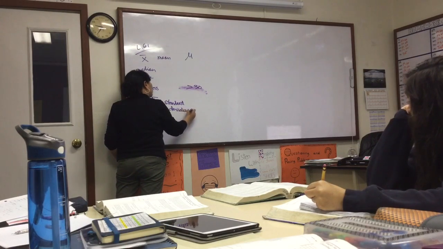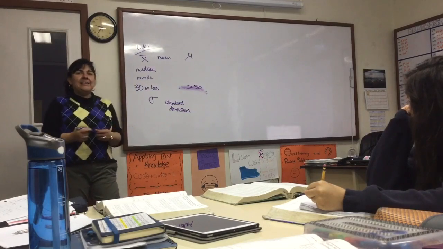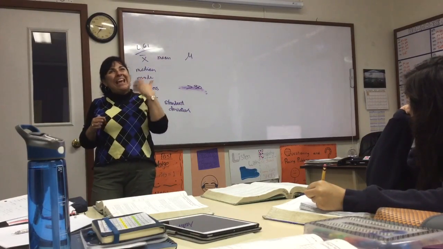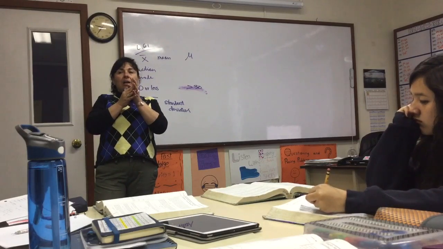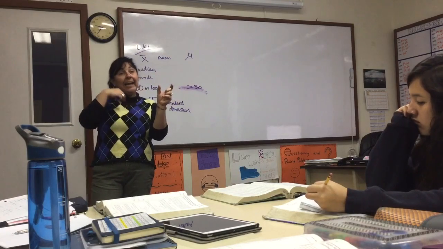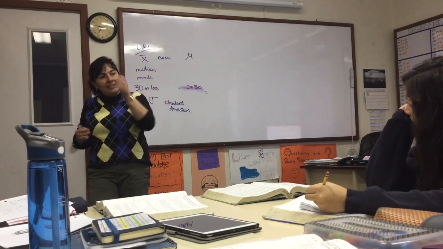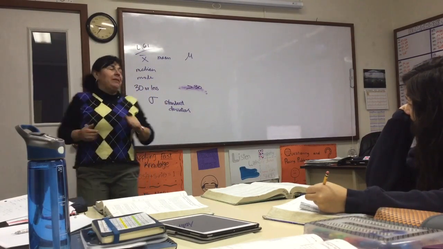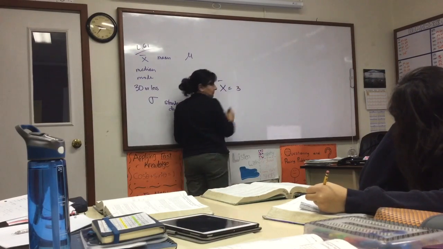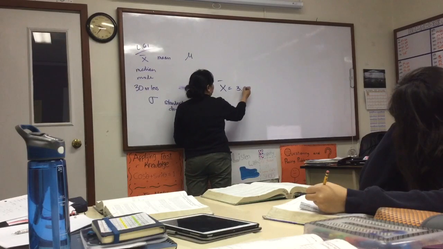No. The standard deviation, if I have to put it in words, would be the average of the distance between the data and the mean for every single data. So for example, let's say that the mean is 3.5.